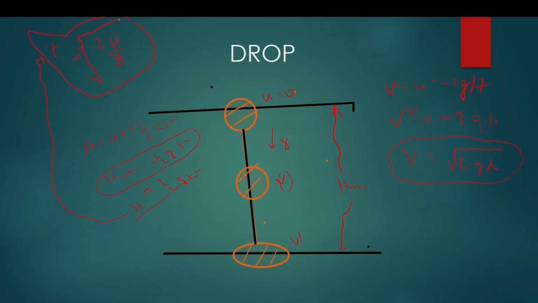So from the drop equations we can find the velocity v dash equals root 2gh, the maximum height h max equals half g t square, and the time for which the ball drops from the upper position to the lower position is t equals root of 2h by g.